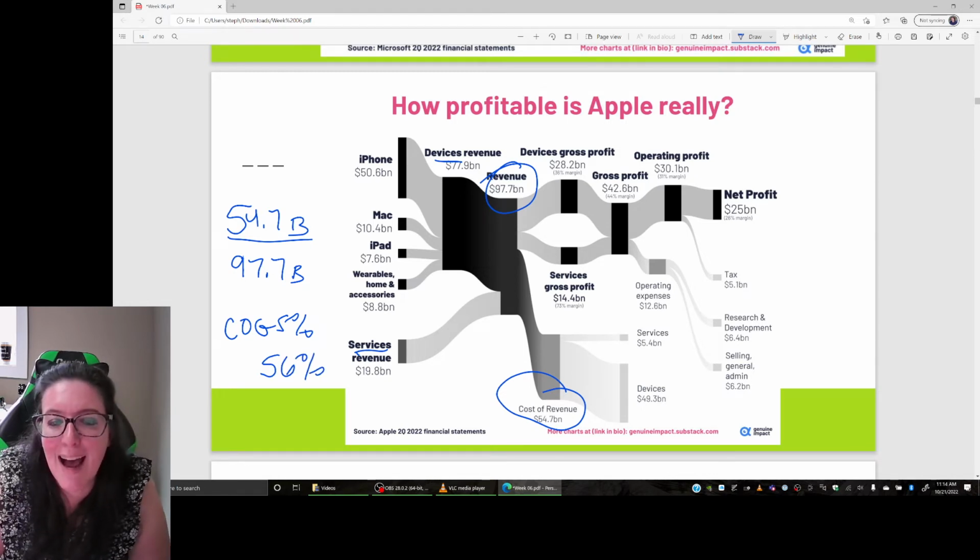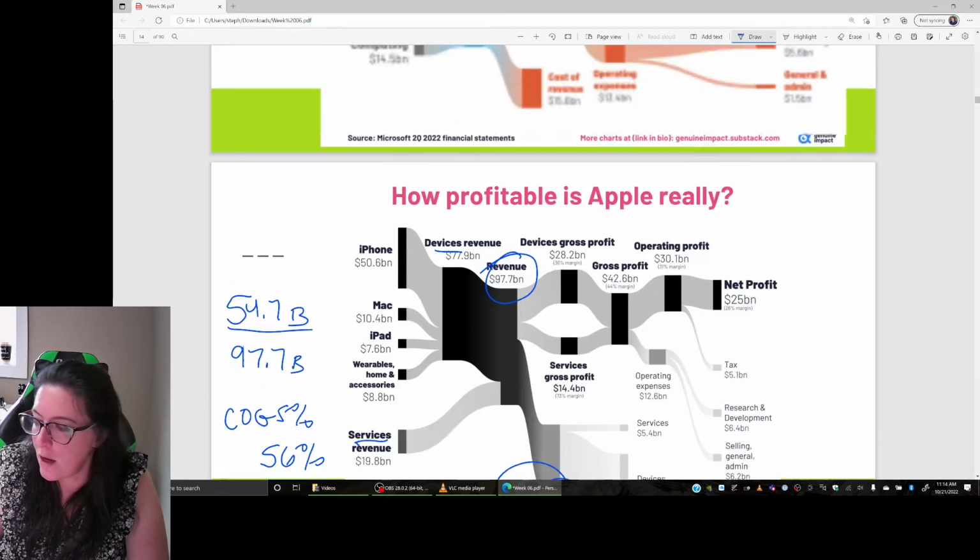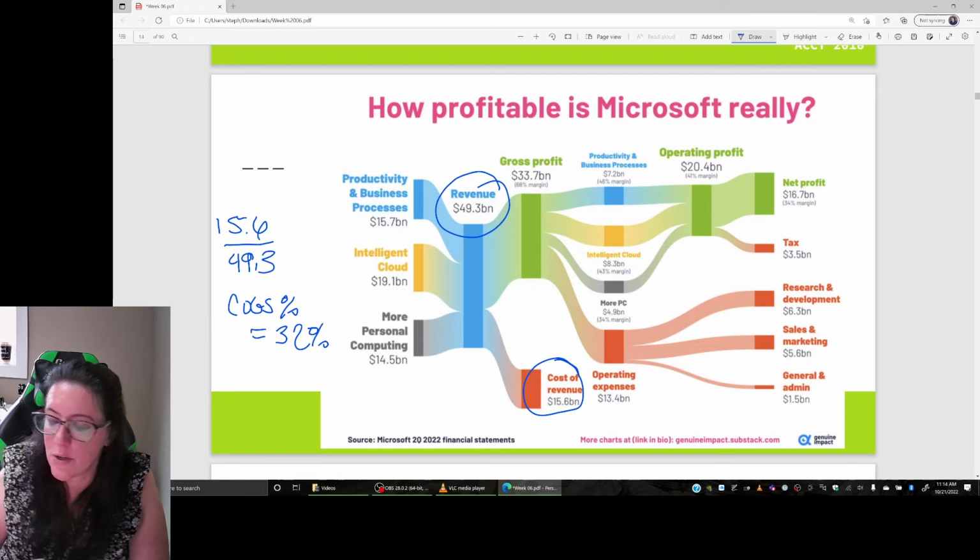So notice that Apple has a much higher cost of goods sold percentage than Microsoft. But notice Microsoft is all services. So the production of these services has a lot less expenses. We don't need a building. We don't need fancy equipment.